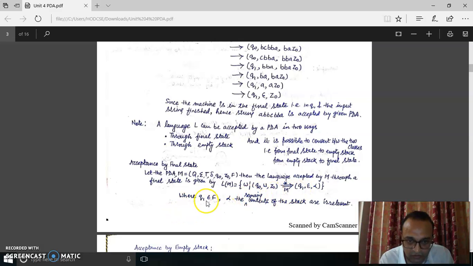It is written that Q1 belongs to the set of final states and the string is completely exhausted, and whatever content is left behind on the stack is immaterial for us. For those kinds of strings, they will all be accepted by this machine. So this is the acceptance of any string of the CFL with the help of a pushdown automaton.